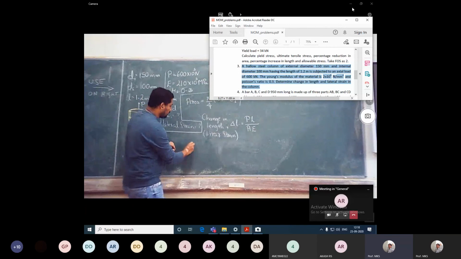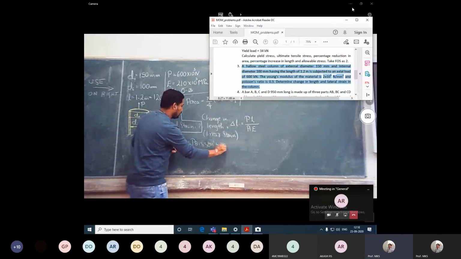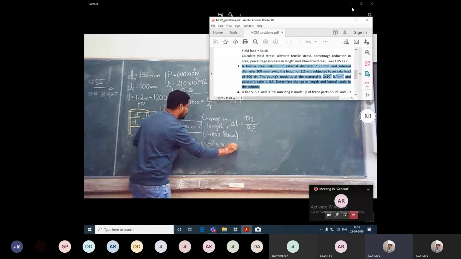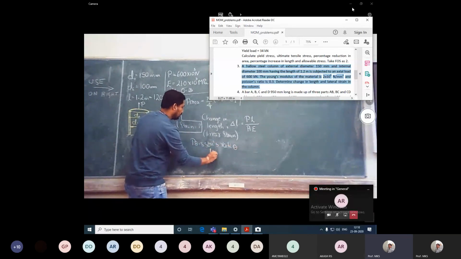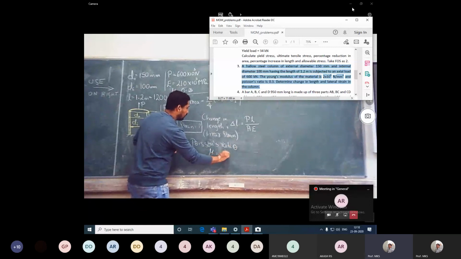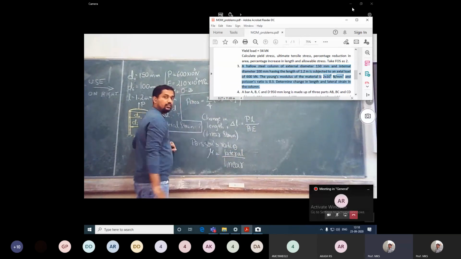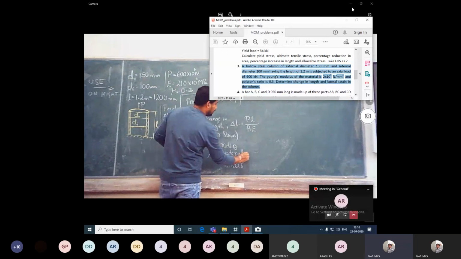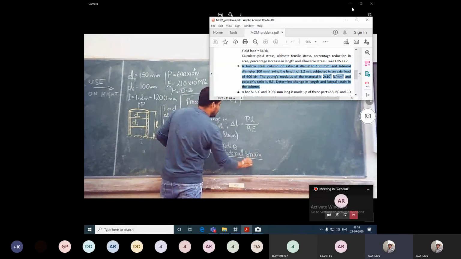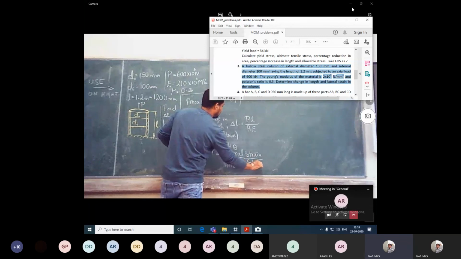You know the equation for Poisson's ratio, that is mu, is given by the ratio of lateral strain to linear strain.